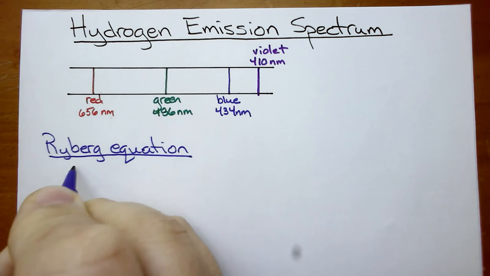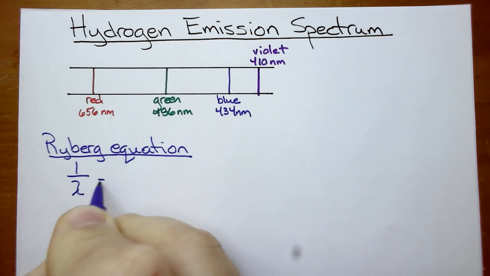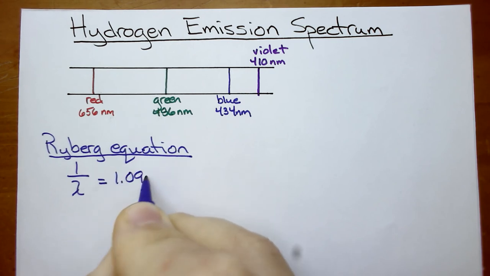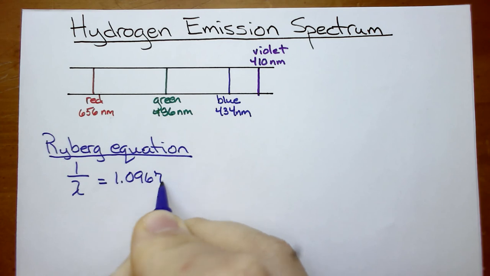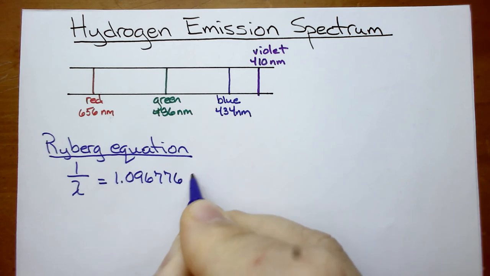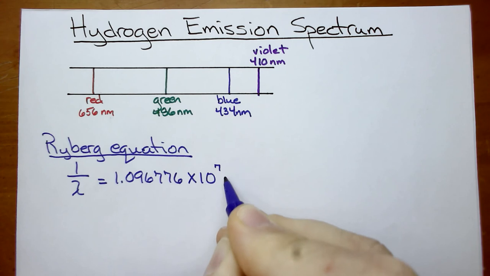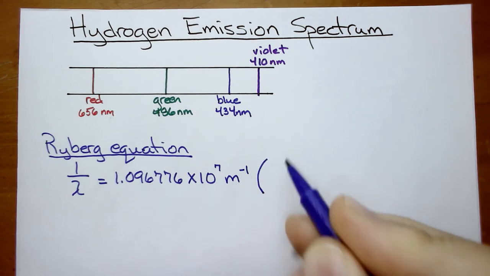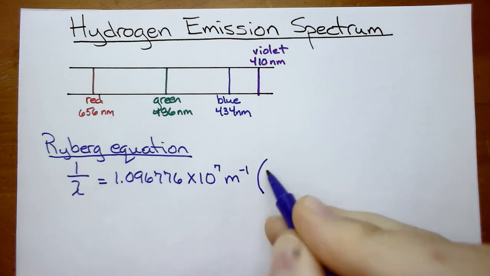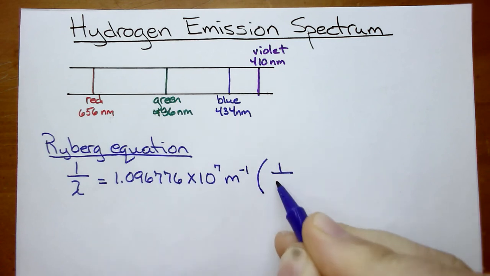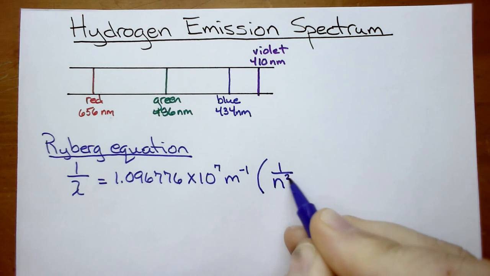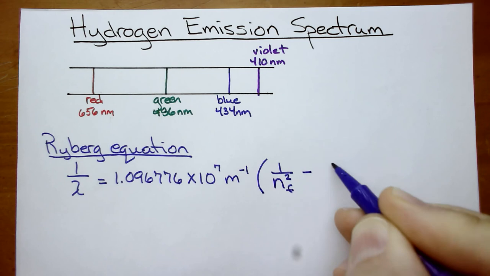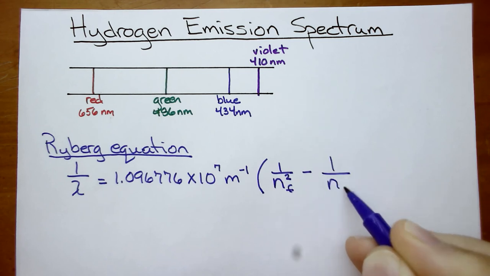It's 1 over wavelength is equal to a constant that he came up with, 1.096776 times 10 to the 7th inverse meters, and then you would multiply this number by 1 over the final integer n squared minus 1 over the initial integer squared.